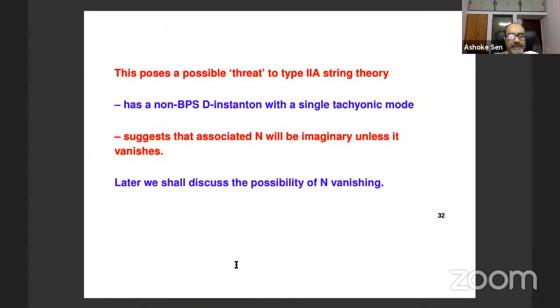So we already see that this poses a possible threat to type 2A string theory, where it has a non-BPS D-instanton with a single tachyonic mode. And this would suggest that the associated n will be imaginary, unless of course it is 0. So later we'll discuss the possibility of when n could be 0.